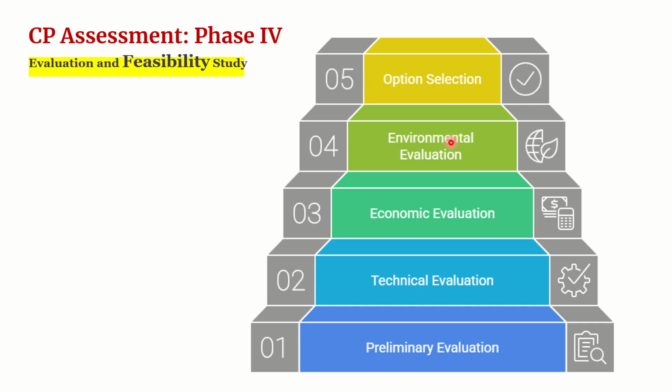So all these fall under environmental evaluation. Then selection of option. Prioritize and select the most viable cleaner production option for implementation. Okay. Next, phase 5, which is implementation and monitoring. So what are the steps involved in that?